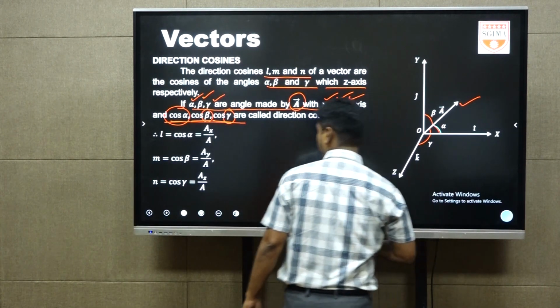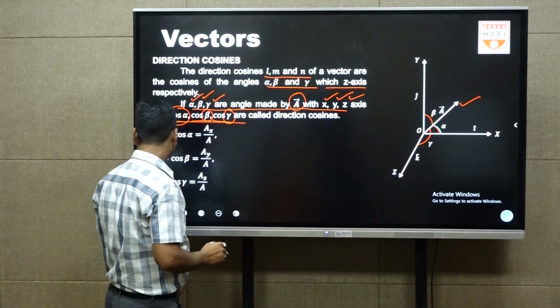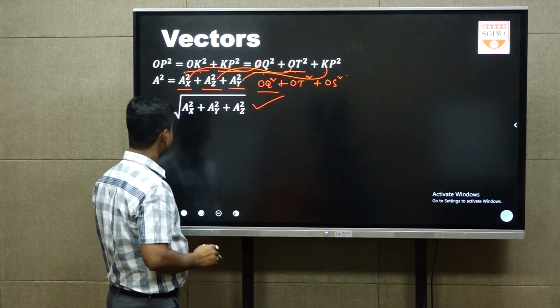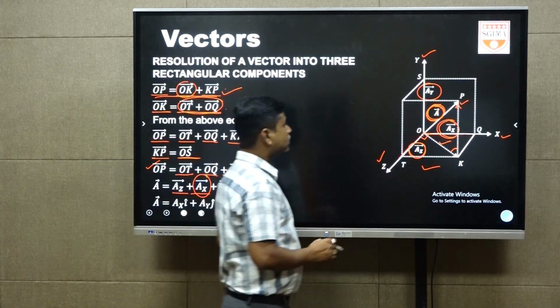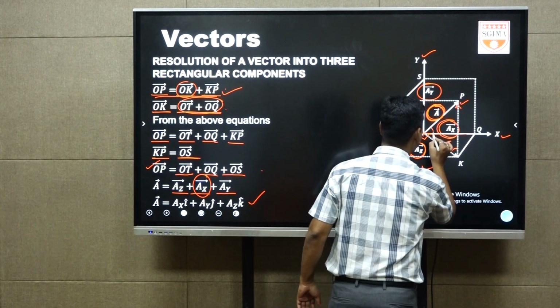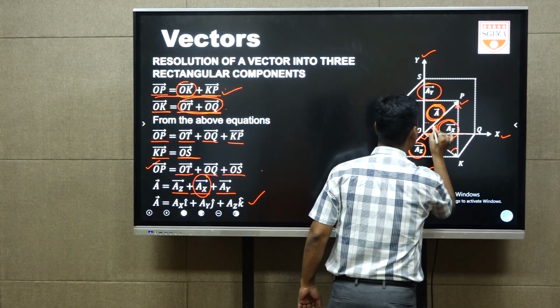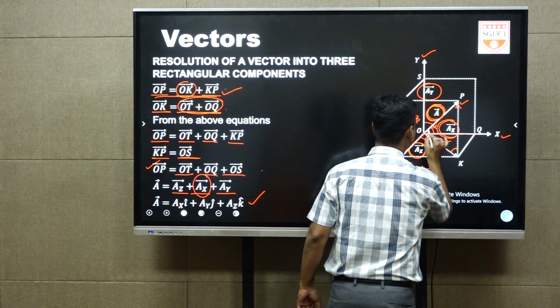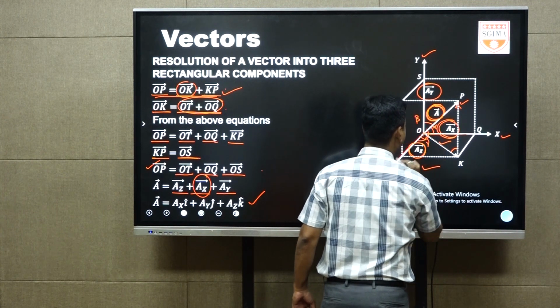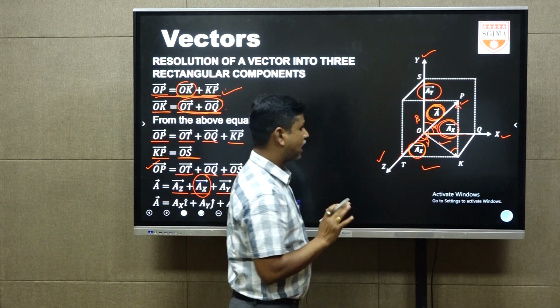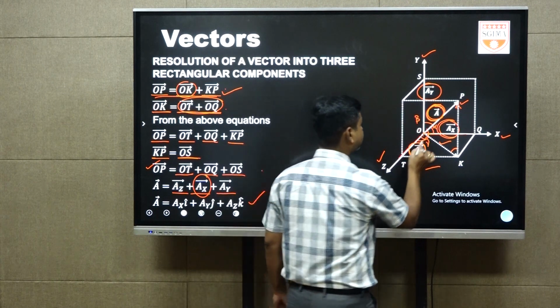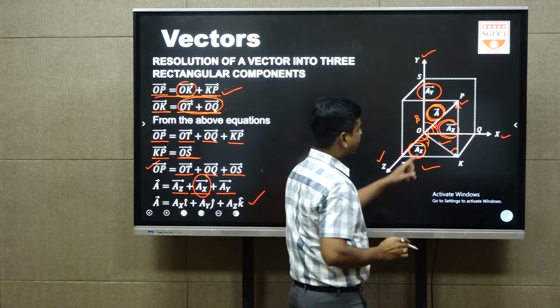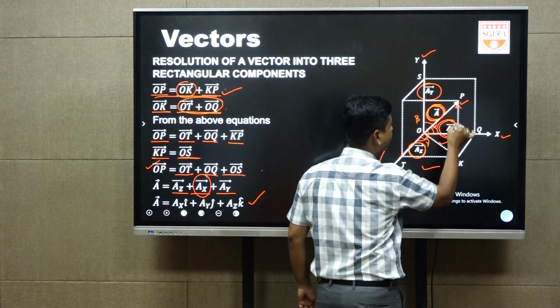Now cos alpha, from the previous diagram you observed, this angle is alpha, this angle is beta, this angle is gamma. It appears as 180, but the gamma value is not 180. Then cos alpha, it is the right angle triangle.